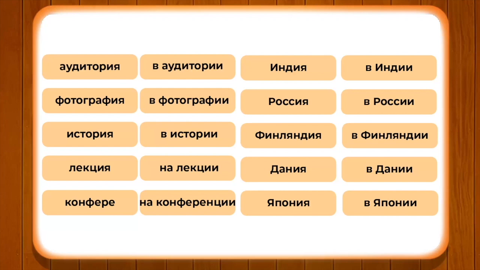We know it already. So now we will go ahead and pay attention to some of the words of the feminine gender which end with a soft sign. Earlier we have seen some of the words which end with a soft sign, but they belong to the masculine gender, like портфель, в портфеле.